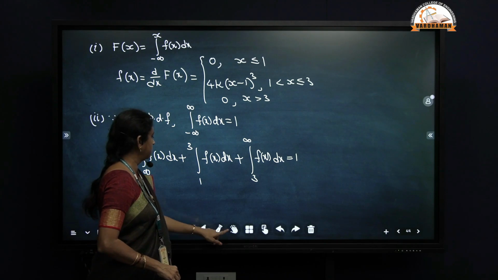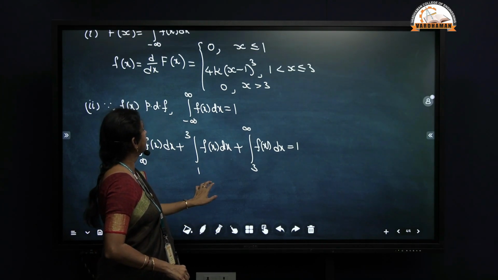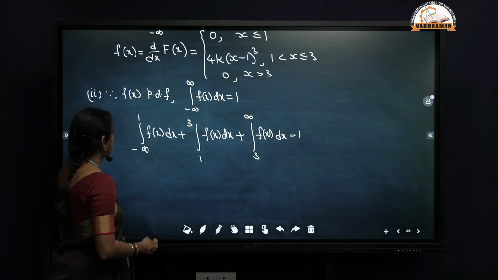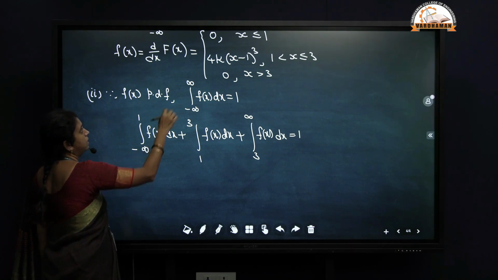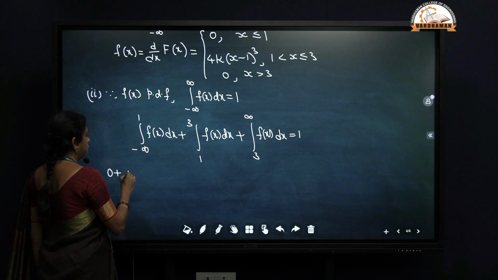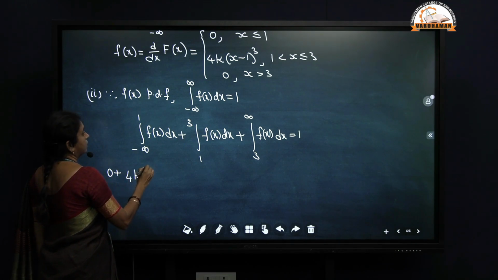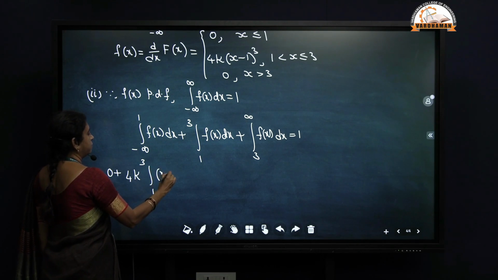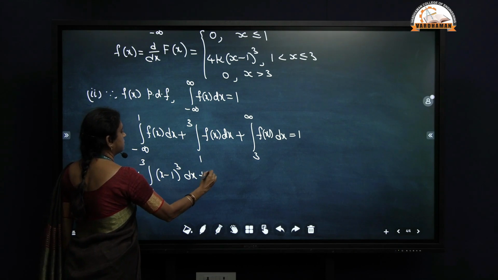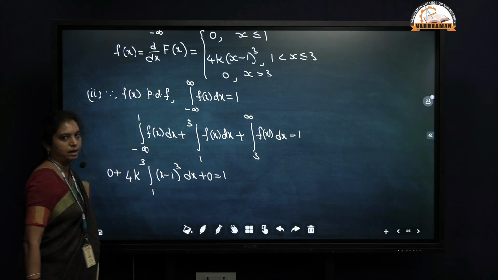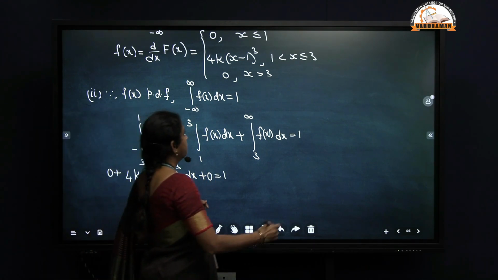So, this can be written as 0 plus, from 1 to 3 where the function is defined, 4k times the integral from 1 to 3 of (x - 1)^3 dx, plus 0, equal to 1.